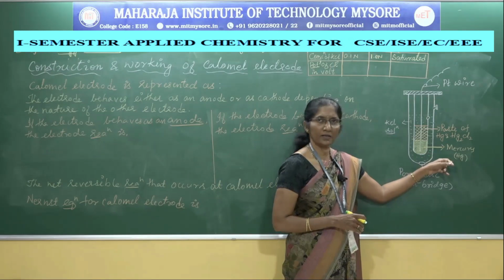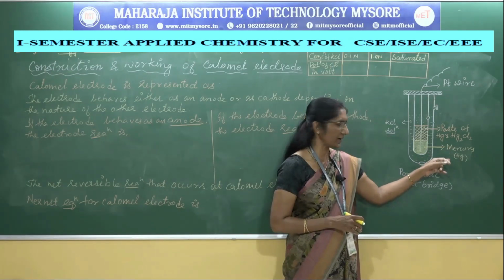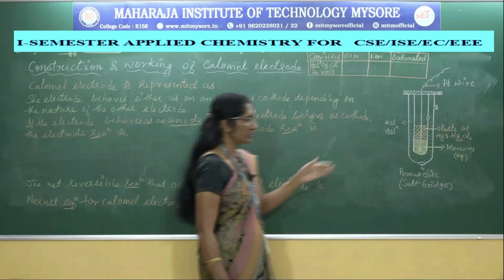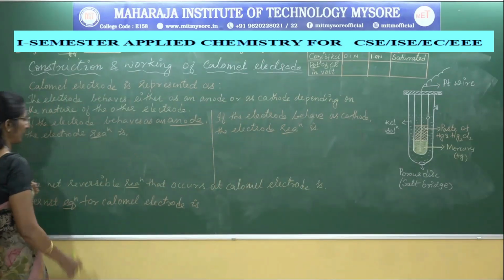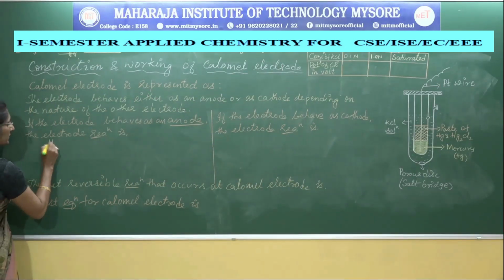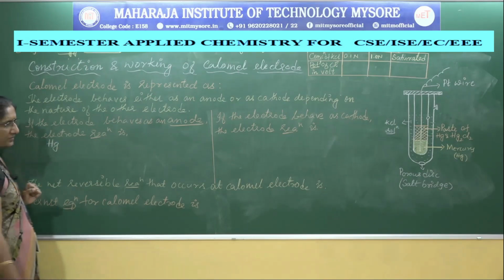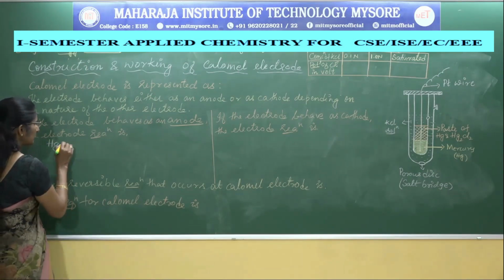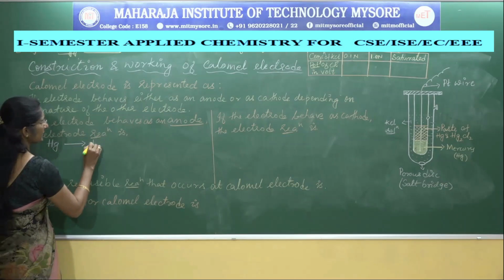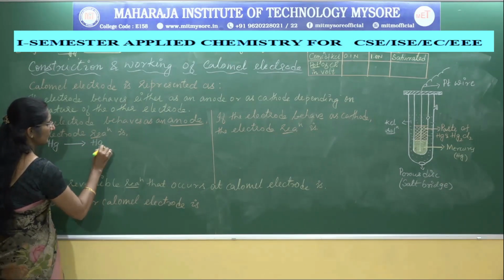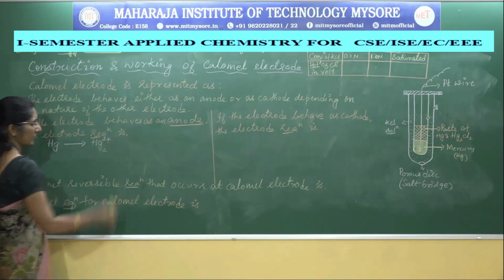Mercury is an example of a liquid metal. So the metal in that electrode is mercury, represented by Hg. This mercury easily loses 2 electrons, then it is converted to mercurous ion.